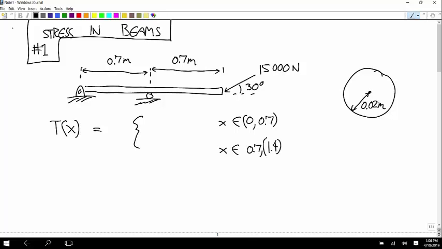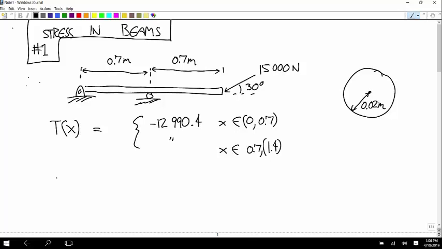And what are the tensions? They're both going to be the same, aren't they? 12,990.4 for both.